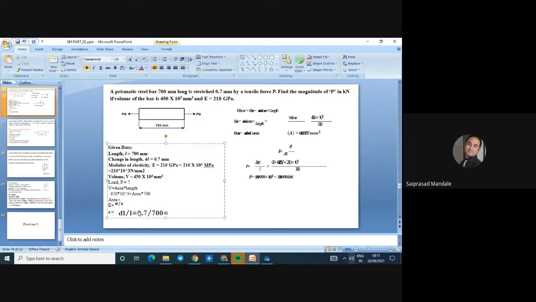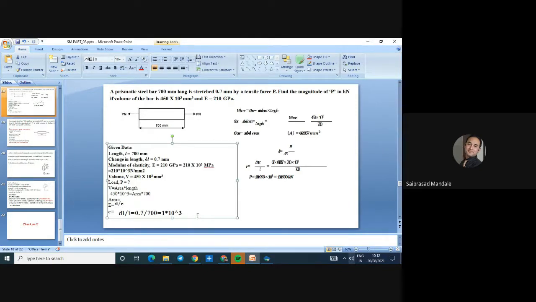So how much is it? It is 1 into 10 raised to minus 3.